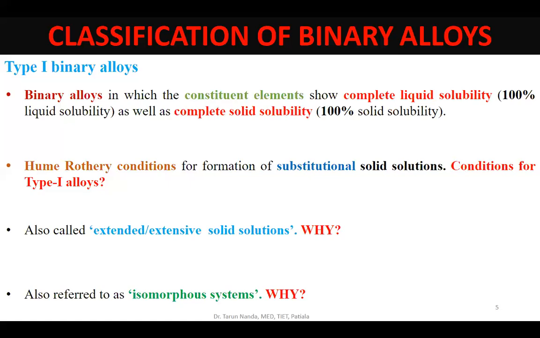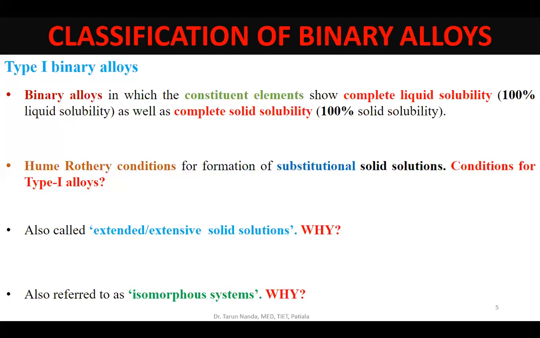Meaning if one of them is electropositive, the other must not be very electronegative, so that they tend to form a compound. And the fourth rule, he had stated that when you are trying to form a binary alloy out of two elements, the element which has got higher valency must be taken as the solute and the other as the solvent. It always forms a better commercially useful alloy.